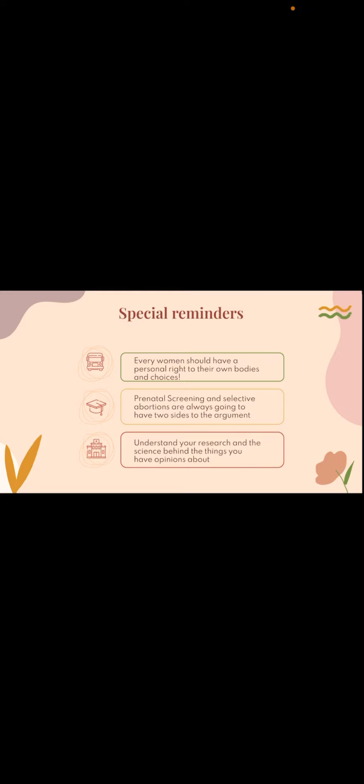So there's definitely going to be two sides to every argument. And lastly, just understand your research and the science behind the things that you have opinions about. This definitely changed my perspective on abortions, sex-selective abortions, and prenatal testing. I've always had a strong belief that women should do whatever they want with their bodies, but just doing this research has opened my eyes to so much more about this field.